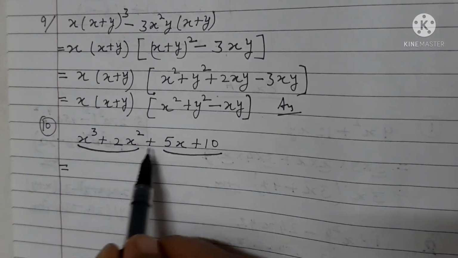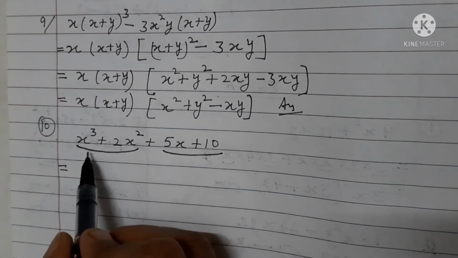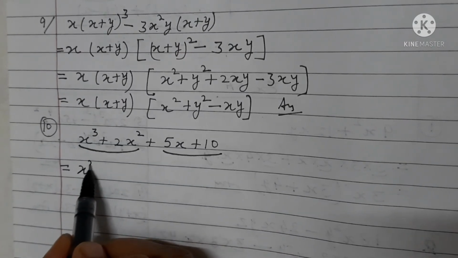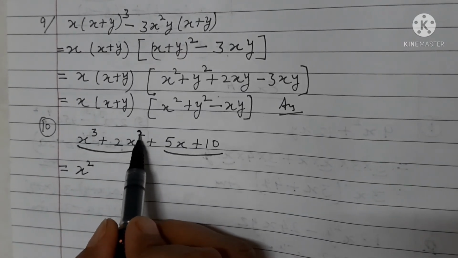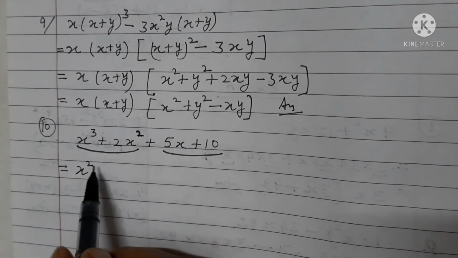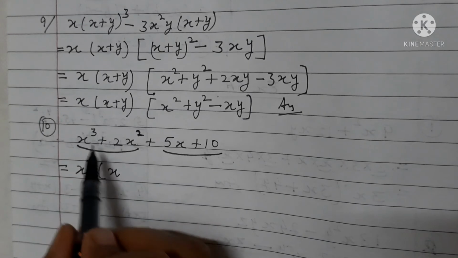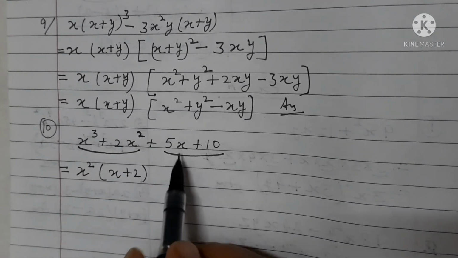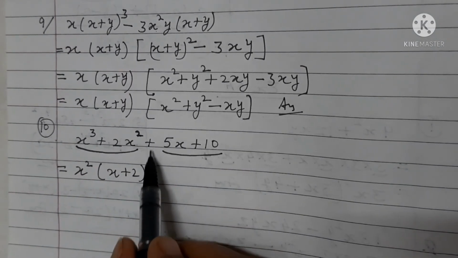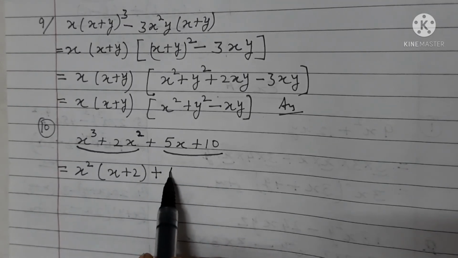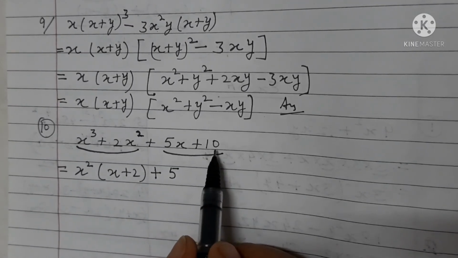Now from these groups you can take out the common factor. So here x², the lower degree, you can take common, and x is remaining here plus 2. See the other part, put the sign of plus, take 5 as common because 5 twos are 10.